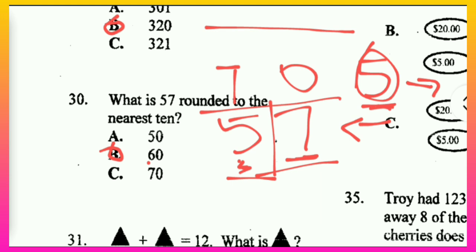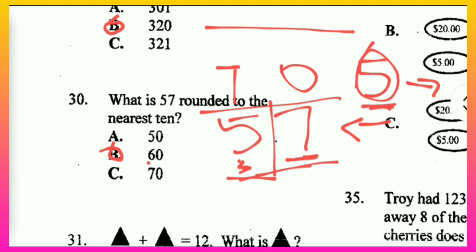So we're always using 5 as a half mark. So 57 is closer because it would pass 55. So again, the 5 comes in. It would pass 55, so it's closer to being 60 than it is to being 50, because it would have passed the half mark of 55, gone up to 57.